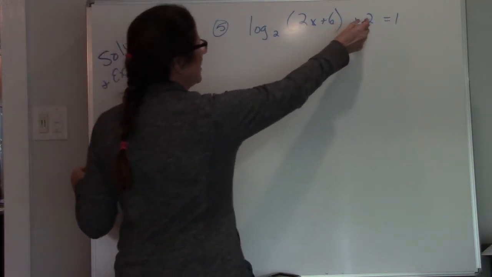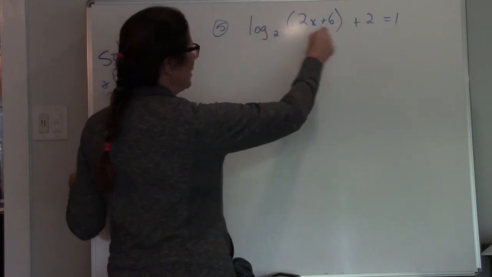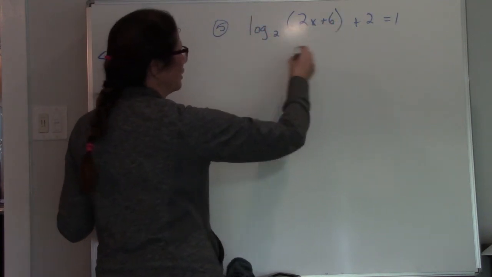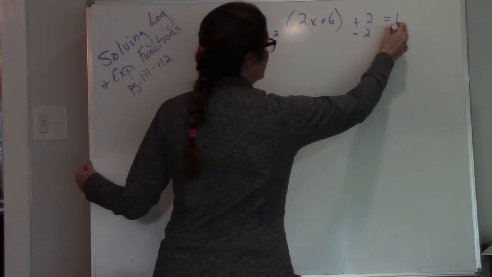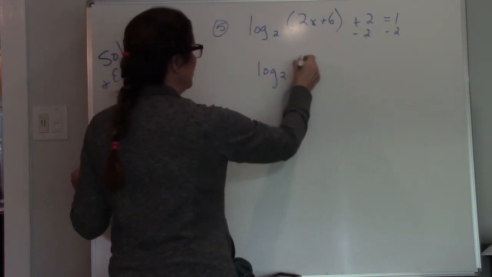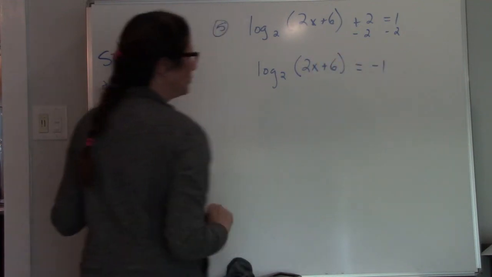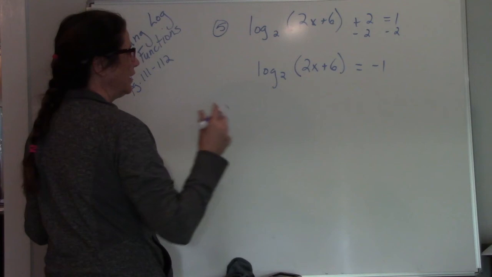Because the plus 2 is outside the parentheses, I want to isolate this log before I do anything. So I'm going to subtract 2 from both sides. So I get log base 2 of 2x plus 6 equals negative 1.